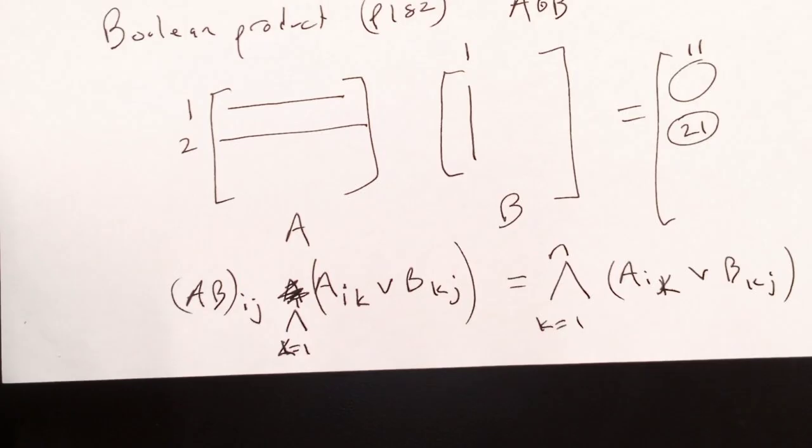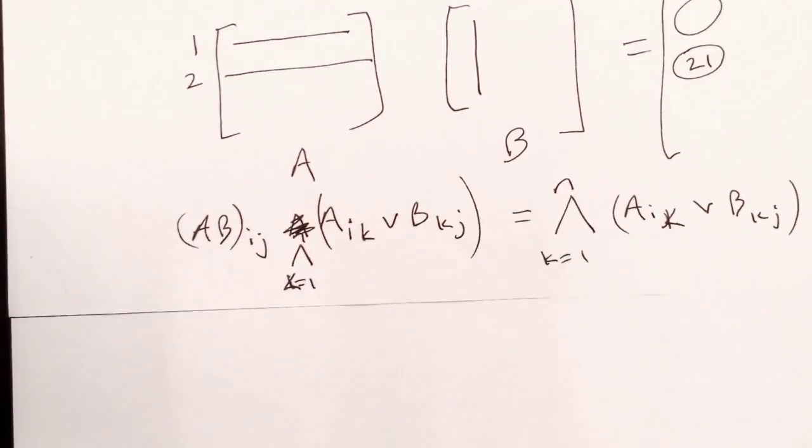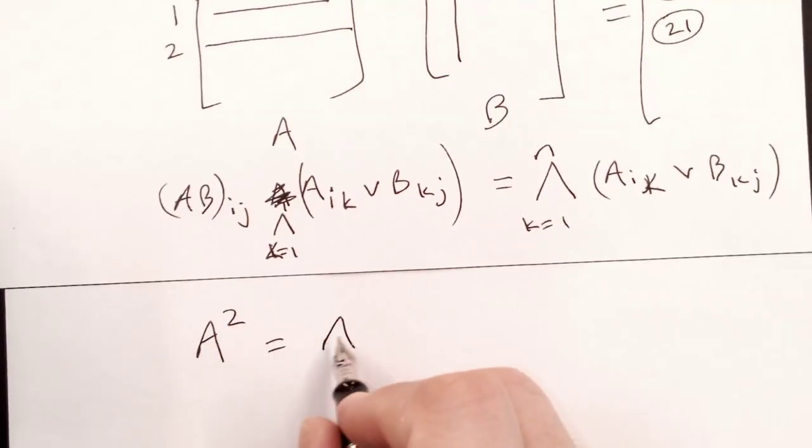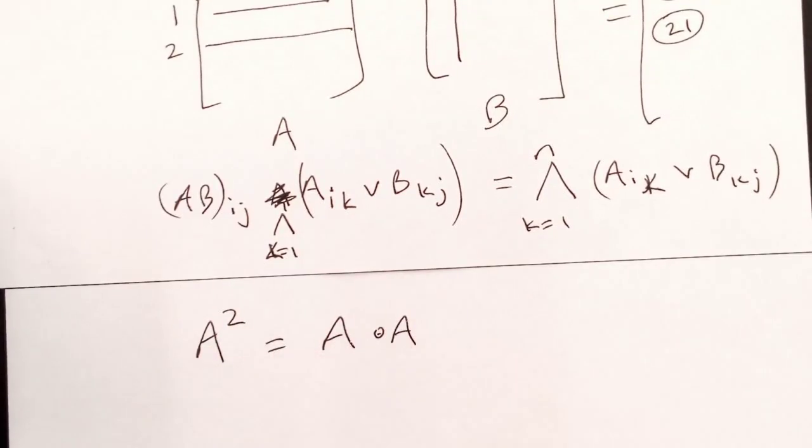You ready for the sick part? You can multiply a matrix by itself. If I do this with a single matrix, I can define the matrix A squared as A Boolean product A. I'm pretty sure you're already looking at me like I'm the sickest person on the face of the planet.